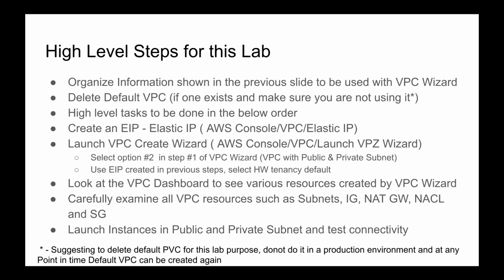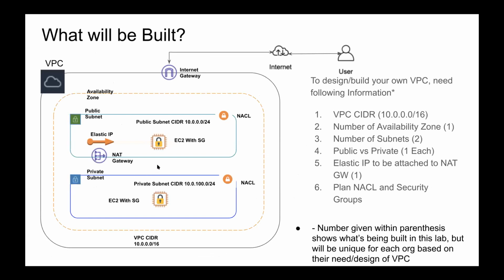If it's in a free tier account, it doesn't matter, for your learning purposes that's fine. There are a couple of things that we have to keep in mind for this lab. In the previous slide, I mentioned that we had to create an elastic IP, and we would be creating a custom VPC with a public and a private subnet, and I'm going to be using a wizard, just to keep it simple.